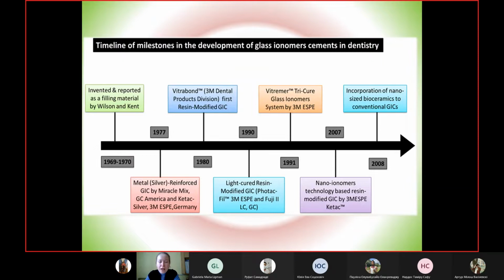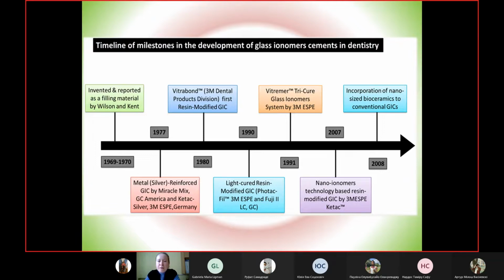They were not strong enough. For that reason, development continued, and silver particles were added to the material, so they were reinforced. They possessed better strength and were more wear resistant, but still they were not good enough, they were not aesthetic, and development went ahead.